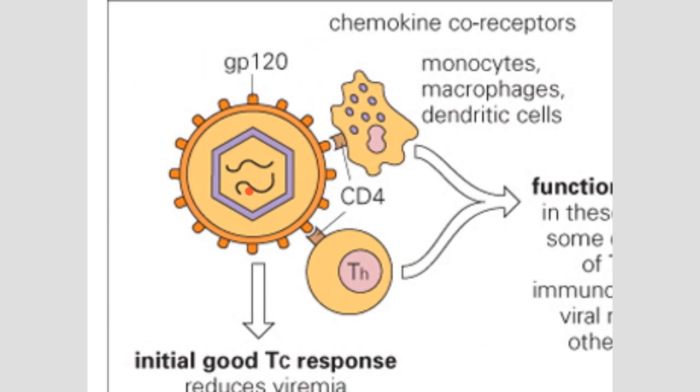And the virus basically is going to get attached to CD4, right? CD4. So what is CD4? What exactly is CD4? It's a receptor, right? The question is, where is this receptor expressed?